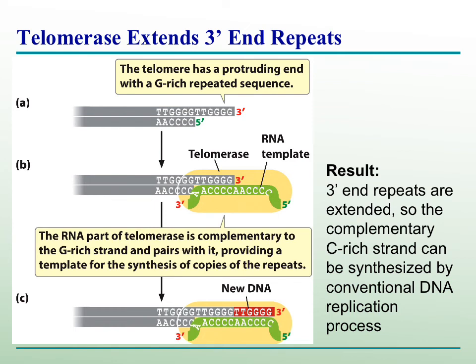Then the telomerase will move several times, repeat this process over and over again until it's added about 15 or more nucleotides to the 3' end. In this way, the telomerase activity compensates for the repeated shortening of the telomeric sequences that occurs during each round of DNA replication of the chromosome. And overall, the telomeres do not shorten.